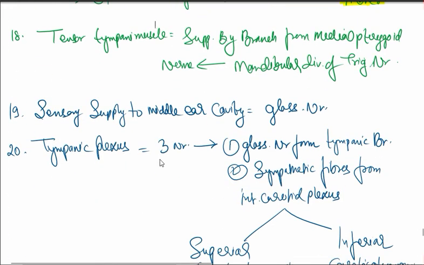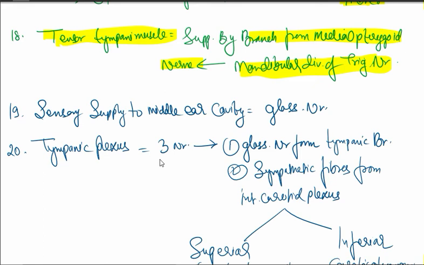Next one, tensor tympani muscle. It is supplied by a branch from the medial pterygoid nerve, which is in turn a branch of the mandibular division of the trigeminal nerve.